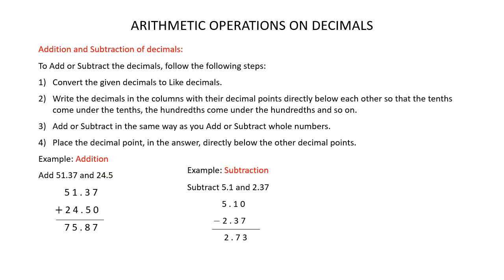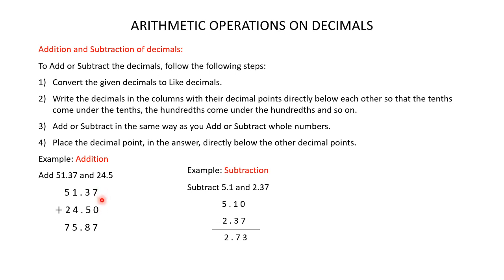So 24.5 can be written as 24.50. Now write the numbers in a column such that the decimal points are directly below each other. So write 51.37 and 24.50 in such a way that the decimal points are below each other, the tens digits are below each other, and the hundredths digits are below each other.